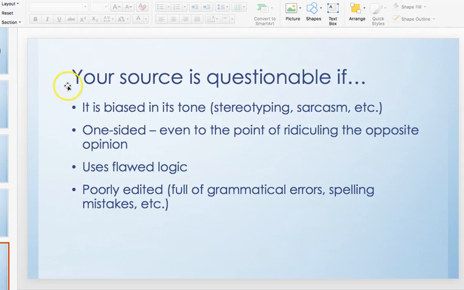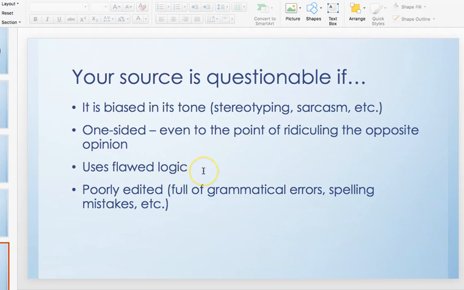So generally, an easy way to tell if your source is questionable is if it is clearly biased in tone. Does it rely on stereotypes, sarcasm? Is it overly negative toward the other side? Is it obviously one-sided?